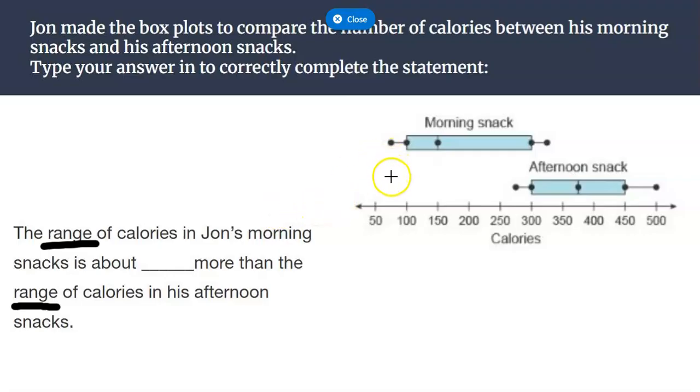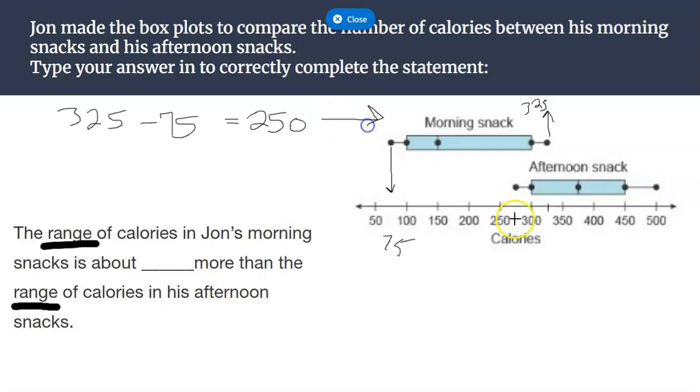First, let's look at morning. It looks like the minimum here is 75. The maximum is 325. We take 325 minus 75, and we're looking at about 250. That's the range of the morning.